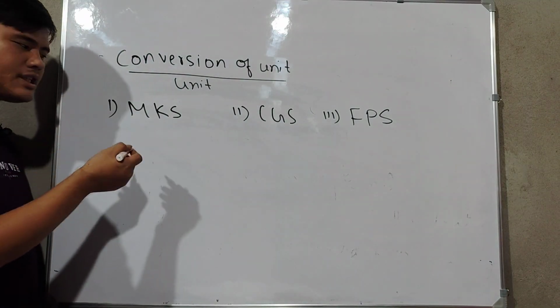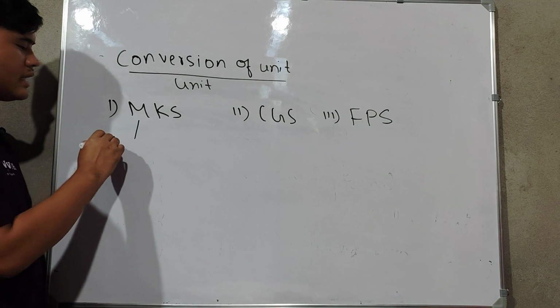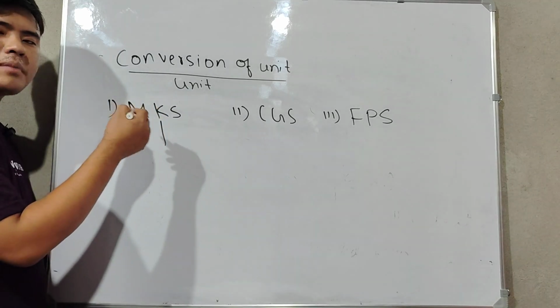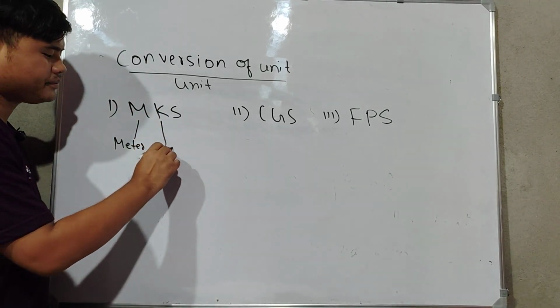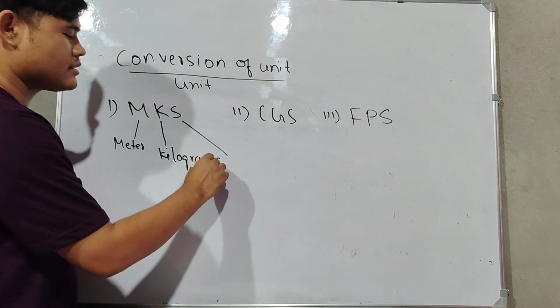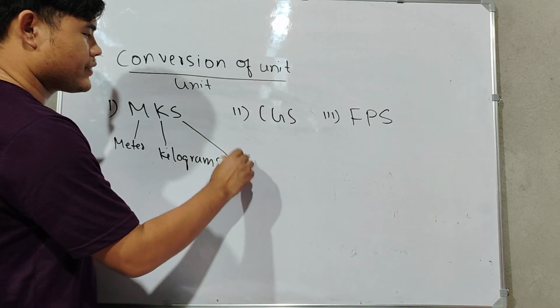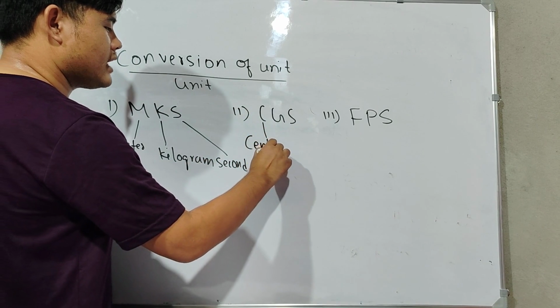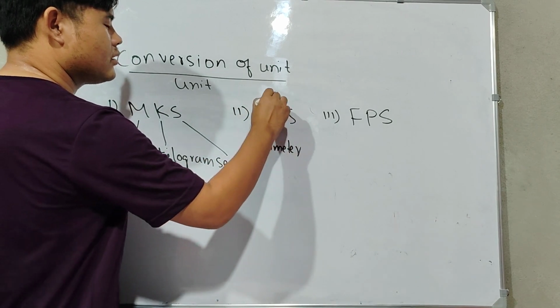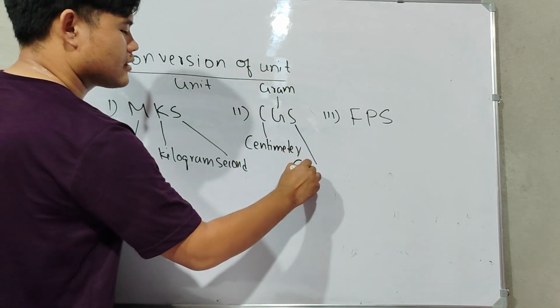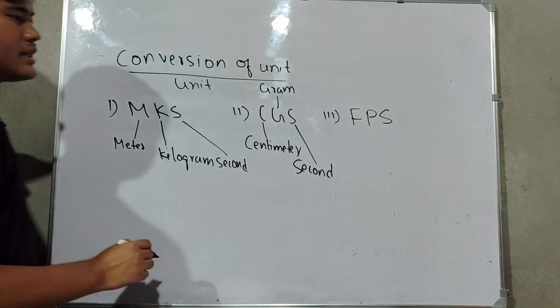In this system, length will be in meters, mass will be in kilograms, and time will be in seconds. Similarly, in CGS, length will be in centimeters, mass will be in grams, and time will be in seconds.